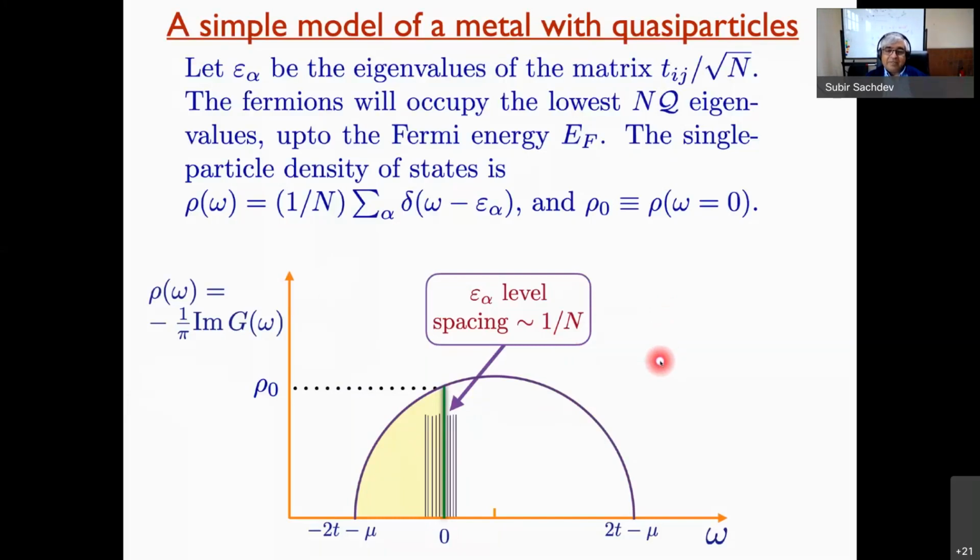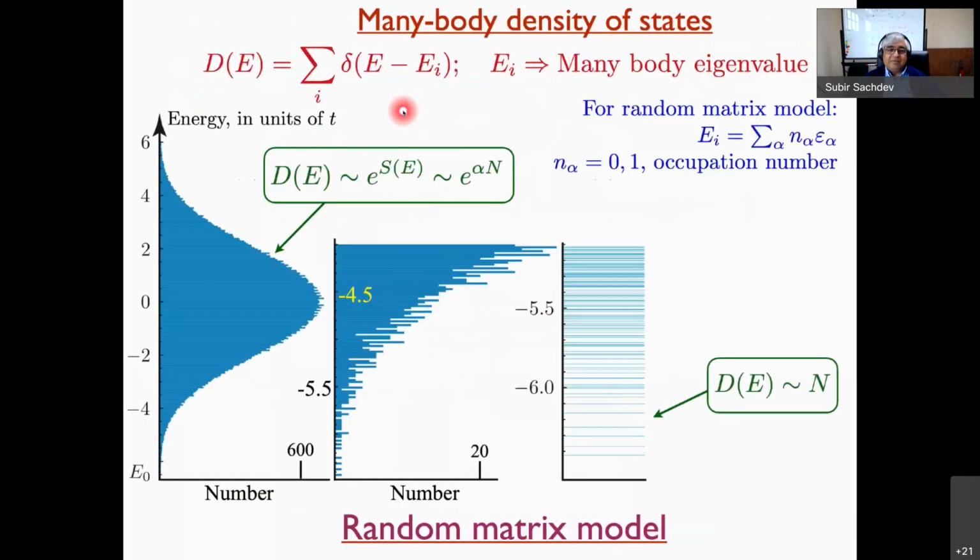All right, now I want to think about this random matrix model not as a single particle problem, but in the many particle space. So what I'm plotting here now is the many body density of states. What I mean by that is you take a set of occupied states, which is of order n. So n alpha is either 0 or 1, and the number of possible E I in the grand canonical ensemble is 2 to the n, because you have n eigenvalues, and each of them can be occupied or not.